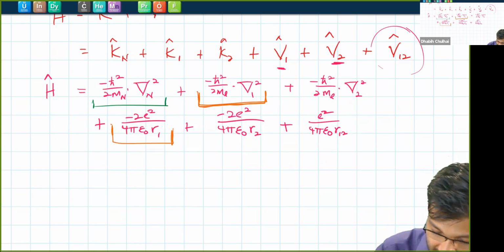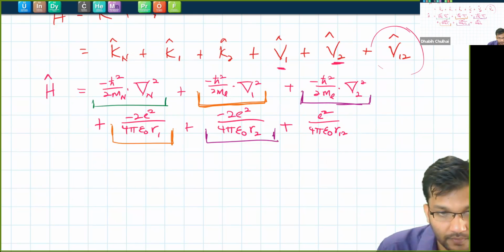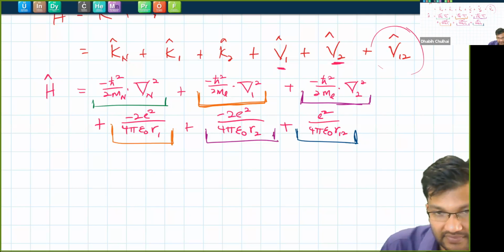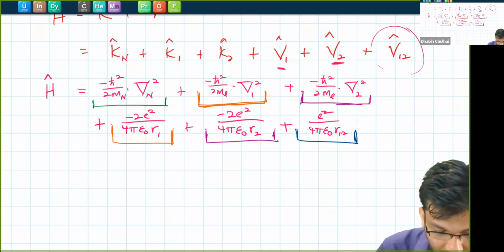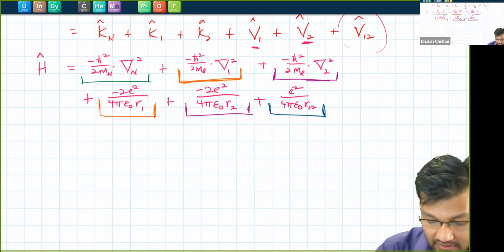And then we have this term here, and this term here only depends on electron 2. And there's this term here that depends on both of them. So we need to give that one its own thing. So that's the third part. So those are the different parts to this Hamiltonian, right?